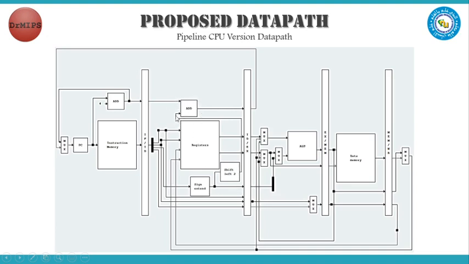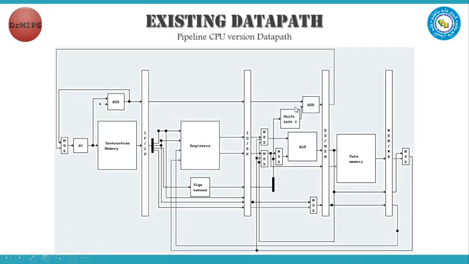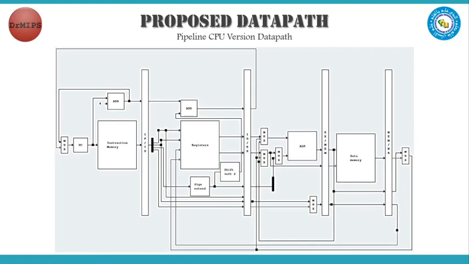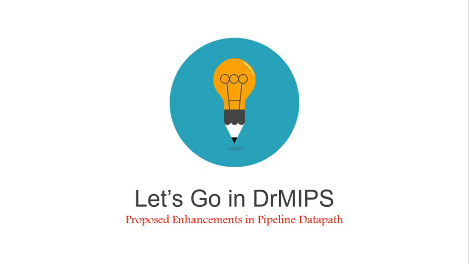You can easily see, but it is not just the shifting of the controls from the execution phase to the decode phase. It also includes the data paths and many other tasks so that it can be performed accurately and well. So let's go to Dr. MIPS simulator to see the proposed enhancement in the pipeline data path.